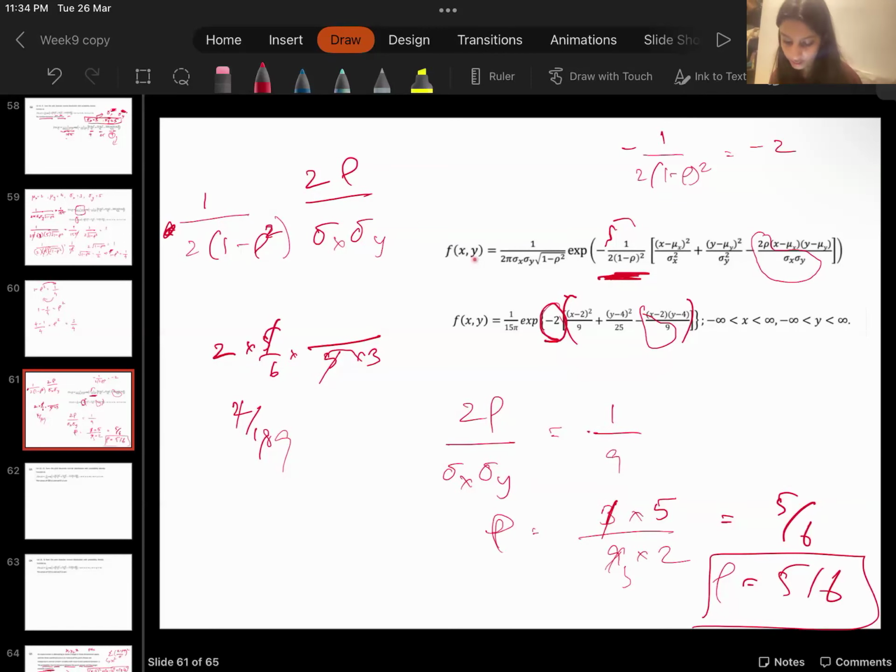Now let's cross verify this. If I apply rho equal to 5 by 6 here, am I getting minus 2? That's how we cross check.